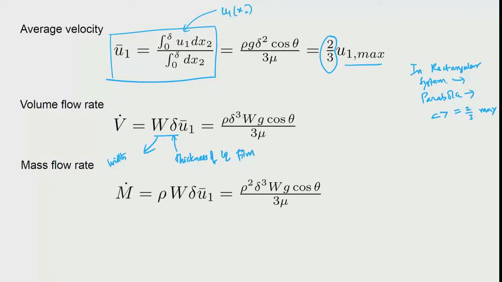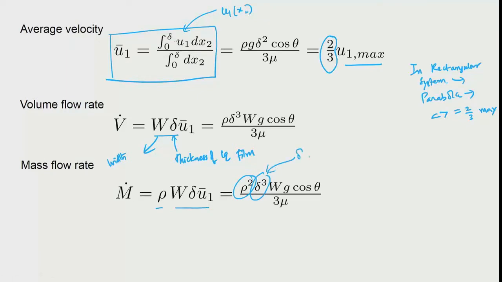If we do not make the substitution correctly, then the volumetric flow rate can be quite off because of the cubic nature of the thickness of the film. The mass flow rate is nothing but the volume flow rate times the density. So, if you see the expression, you will have density squared and the thickness cubed.